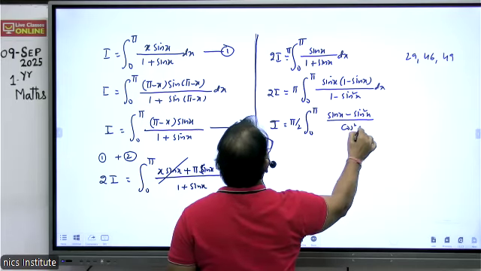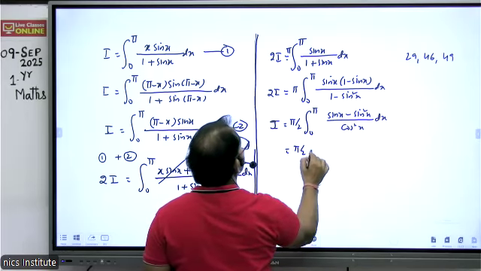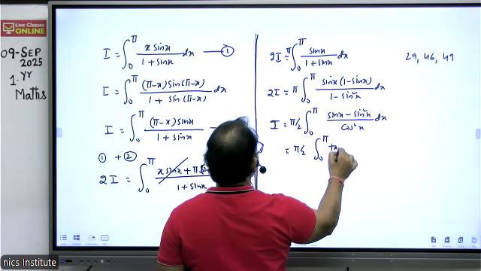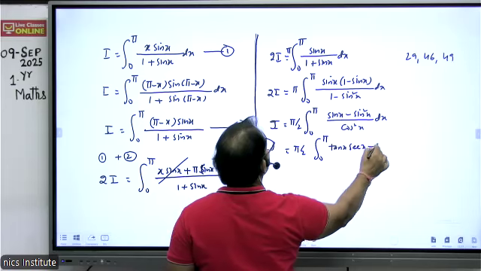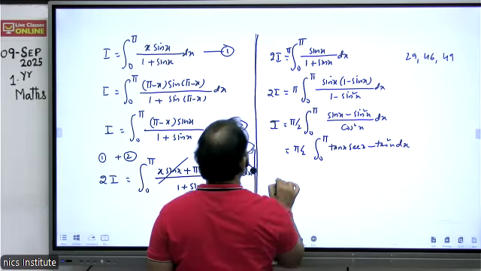Divide individually. Sin x by cos square x is tan x sec x, and tan square x. Both are integrable.